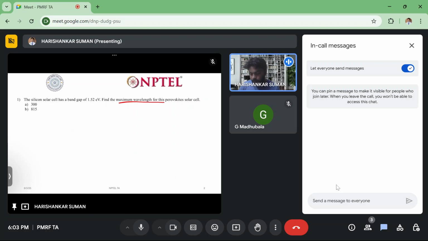There are four options. So how can you find the maximum wavelength? What is the concept behind this? Do you know?